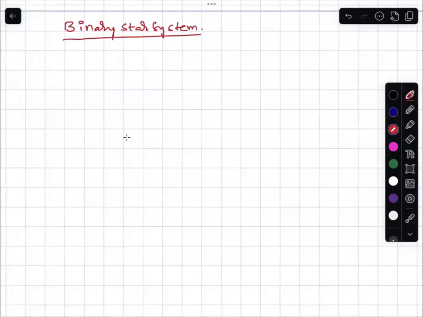In some systems like this, you will have an arrangement where star 1 of mass m1 and star 2 of mass m2 are separated by a distance d. That is the only situation available in space.